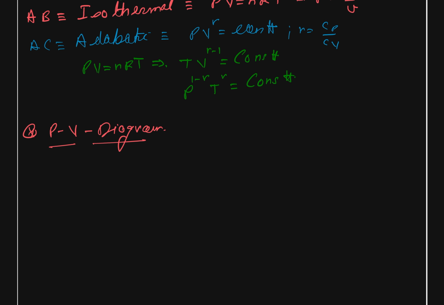Therefore, our AB, which is our isothermal process, on PV we can write P is equal to nRT upon V. So therefore we can say that P is inversely proportional to volume, and this will give us a curve which will be something like a hyperbola.